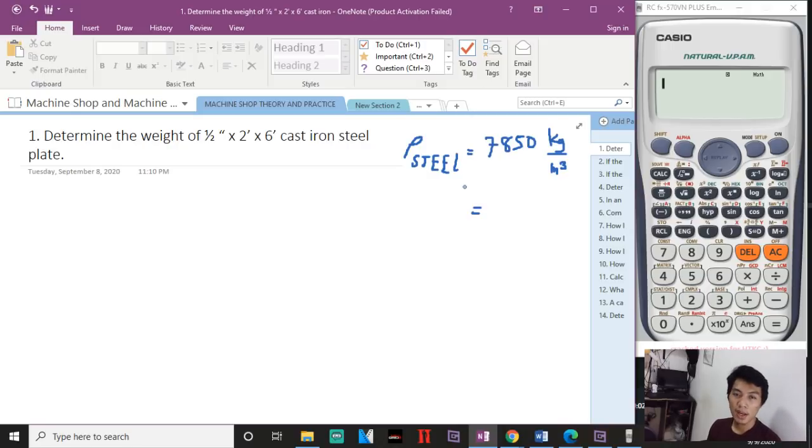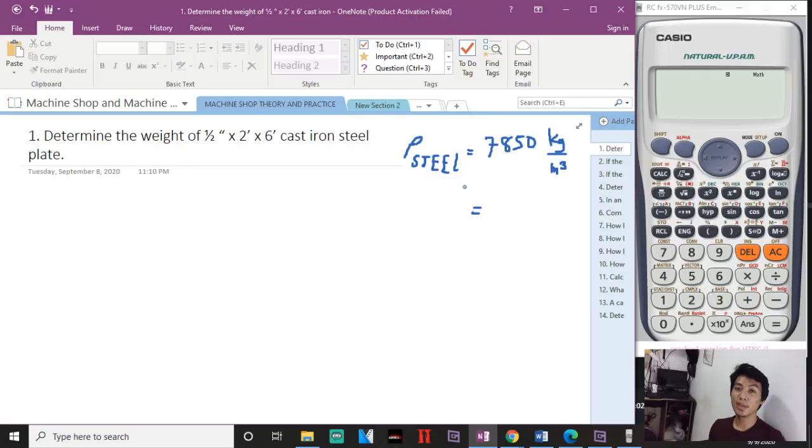Sasabihin sa'yo ng Chinese, ilang pulgada? Hindi meter, kailangan pulgada, or in feet. Yun yung common na measurements nila, lalo na yung nakasanayan ng mga bodegero nila.